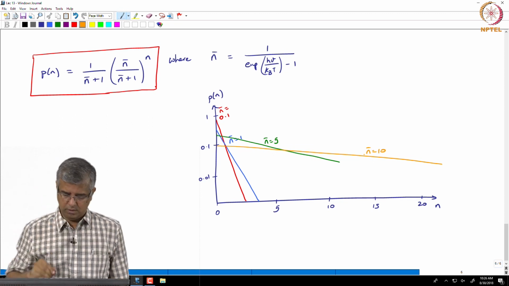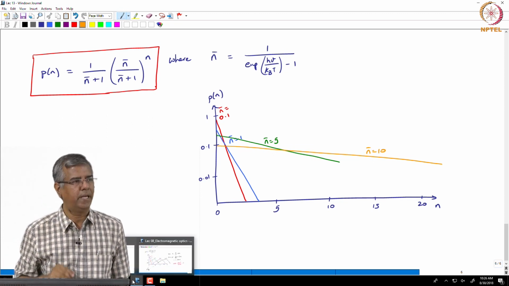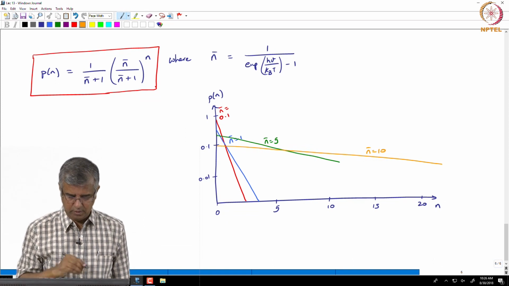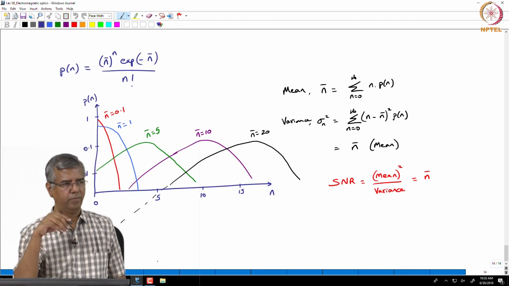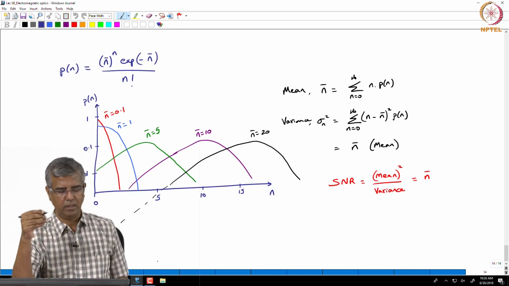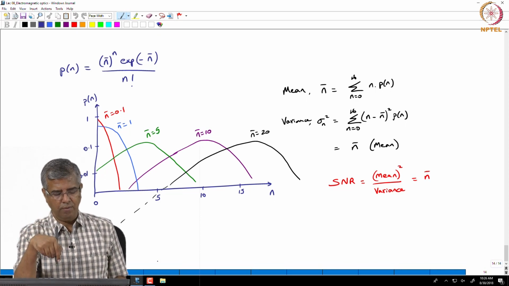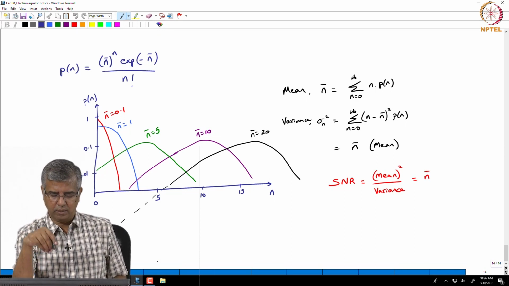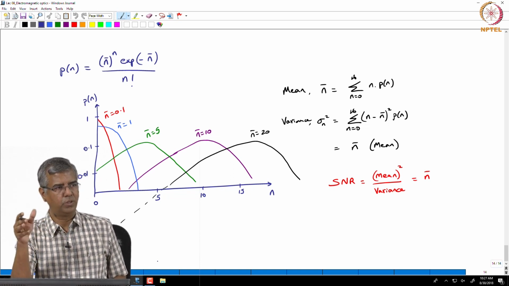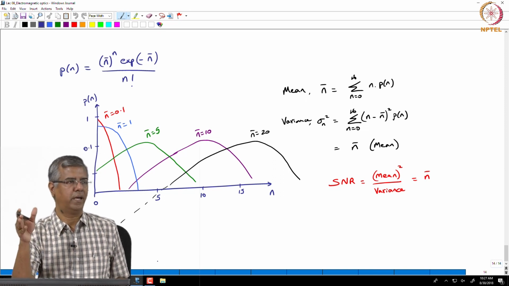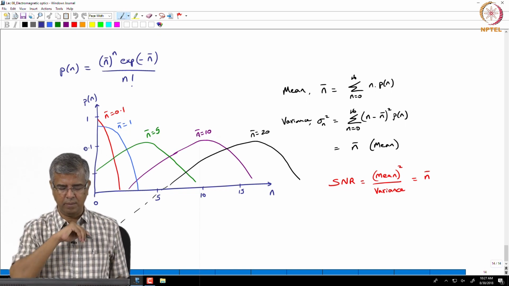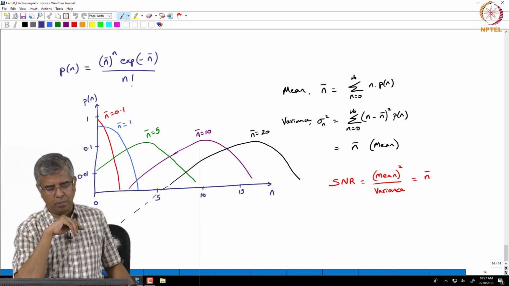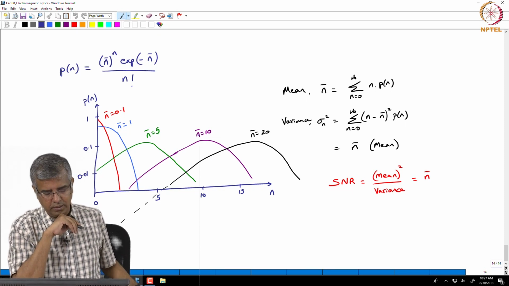As far as your normal light sources are concerned, when I say normal light sources, I am talking about what you have in the output of a laser, for example. You have these statistics which say that there is a finite probability outside of that n bar value. So if 10 is my n bar here, the mean number of photons emitted is 10.